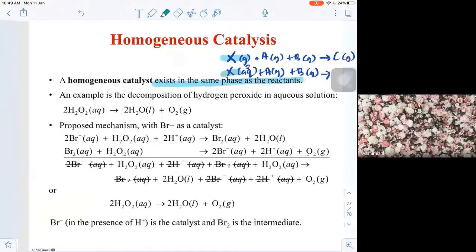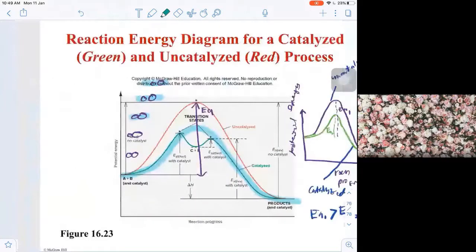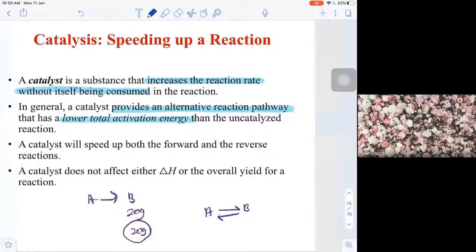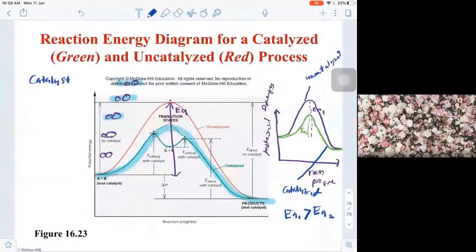For catalysts, you need to be able to explain how the catalyst gives effect to the rate, by providing an alternative pathway that gives a lower activation energy. The catalyst also changes the rate constant value. So the consequence of using a catalyst is that it will increase the fraction of collisions that achieve activation energy.